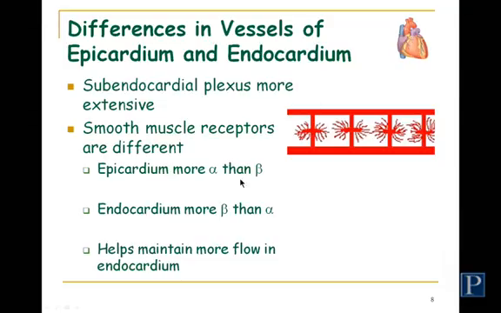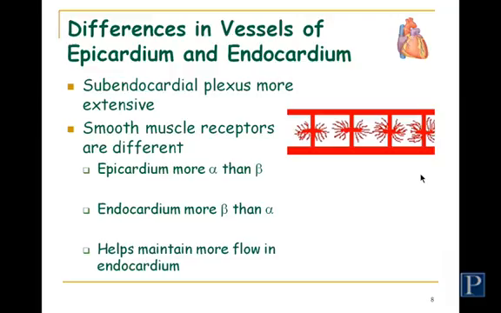But also, we have a different distribution of receptors, the adrenergic receptors. The epicardium has a little more alpha-1 than beta-2. The endocardium blood vessels have more beta-2 than alpha-1. So the beta-2, again, respond to sympathetics by dilating.